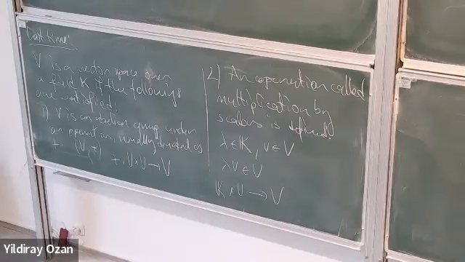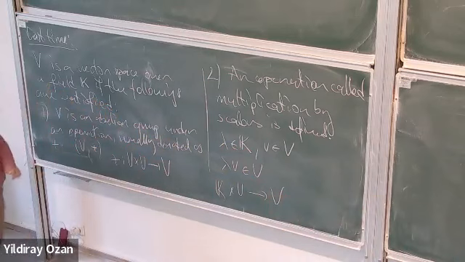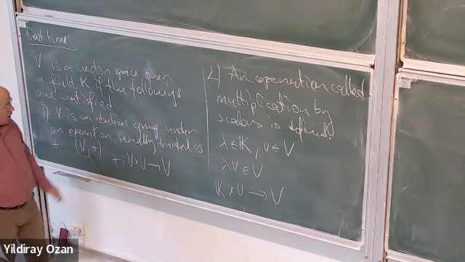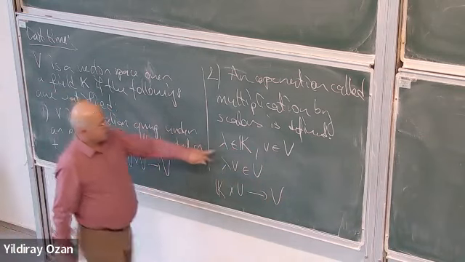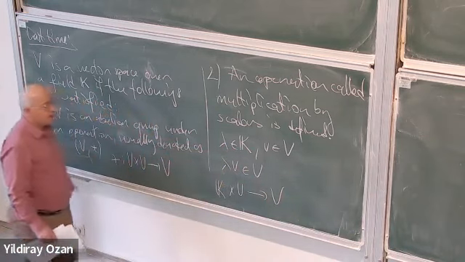Okay, so last time we defined a vector space over the field K, where V is an abelian group under the so-called addition operation, and in scalar multiplication we multiply vectors by scalars.